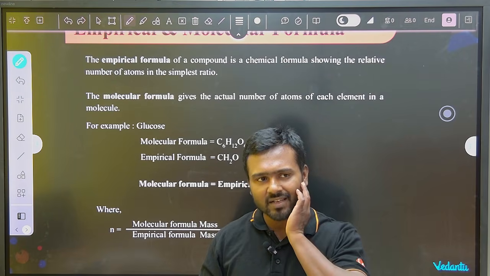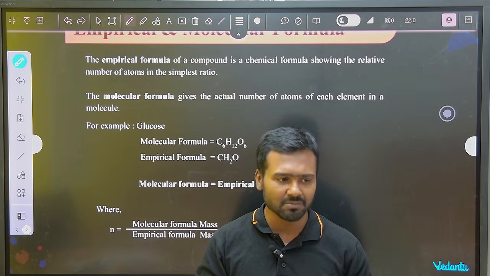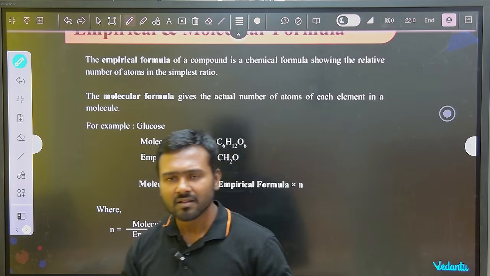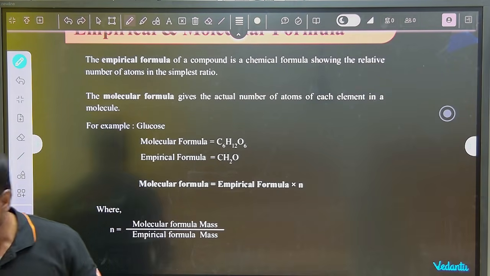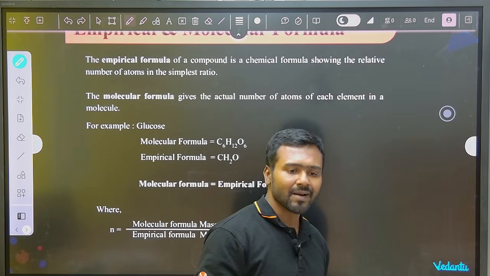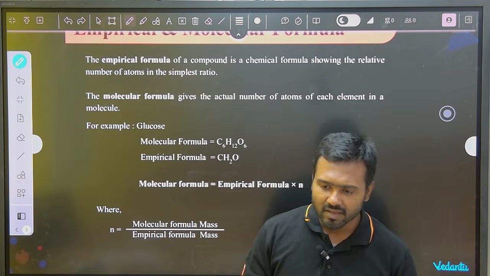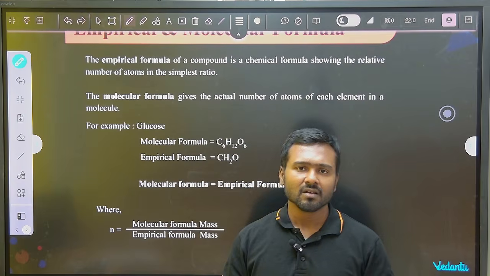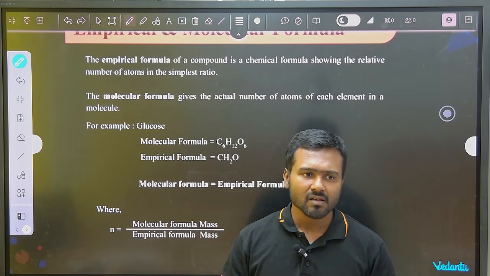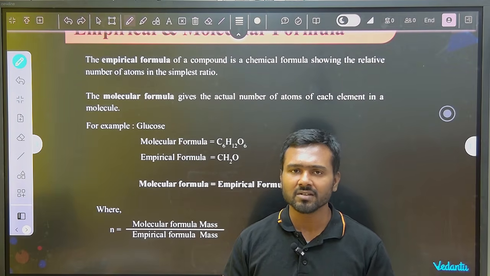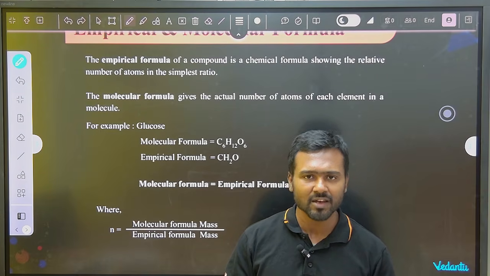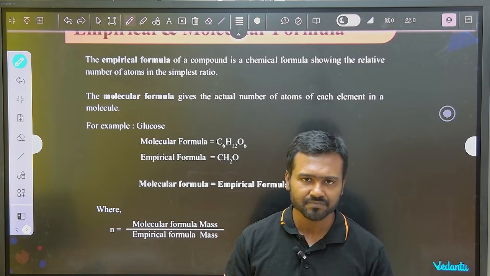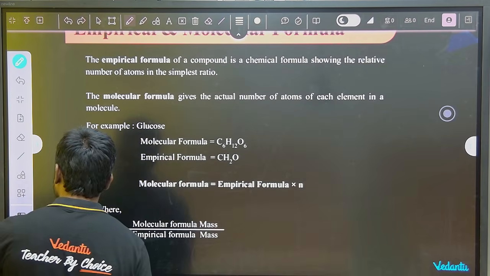If after dividing you still get fractions, then we multiply with a single number, any number, until we get whole numbers. We should not have fractions. Once you remove the fractions, whatever values you get, we take as the empirical formula. This is not that much important.